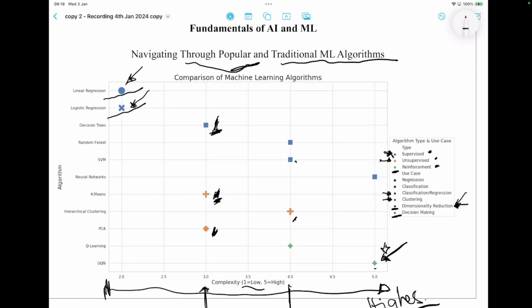Then we move to the more complex models. Those are getting closer to the more complicated models. So we have Q-learning, and actually Q-learning is probably going to be the future of artificial intelligence in the next few years. Q-learning is reinforcement learning, as we can see here in the green, and it's a decision-making algorithm.